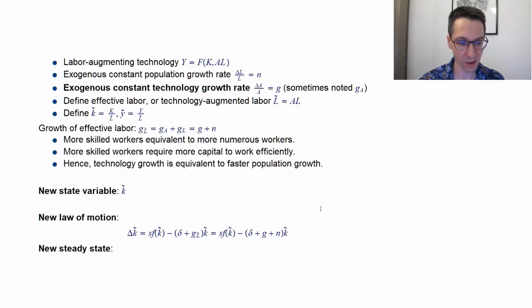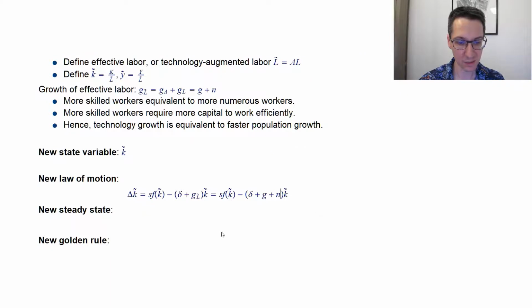And now, what is our new steady state? Well, the new steady state is simply defined by delta k tilde equals 0. So it means that s f of k tilde will be equal to delta plus g plus n times k tilde at the steady state.